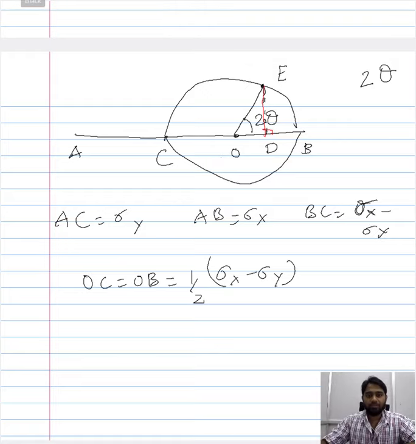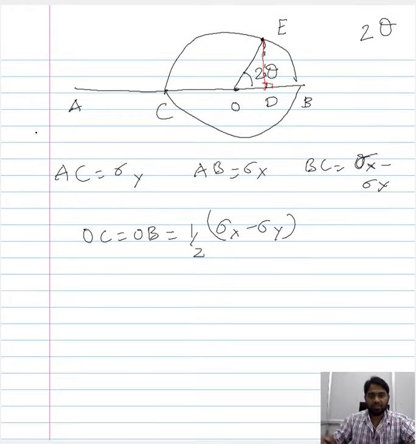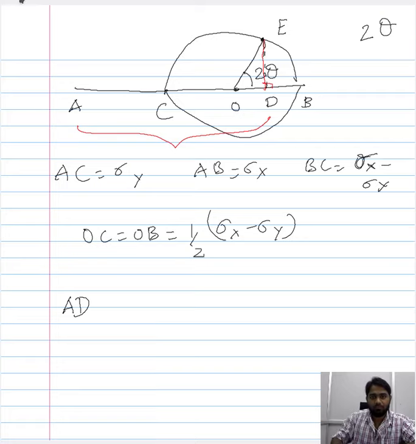Now let us try to express the segment AD. What we want to do is quantify this segment AD, which is part of this graphical representation. So AD can be written as the summation of AO plus OD.